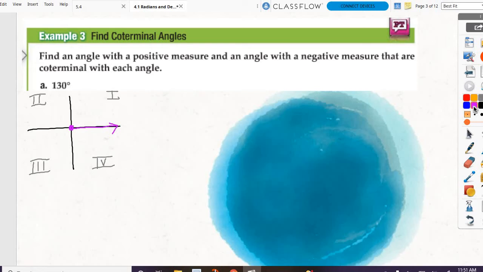So then we have to decide, going counterclockwise, my positive y-axis would give us an angle of what? 90, because it's a right angle. My negative x-axis would give us 180. So what quadrant is 130 in? The second one. Is it going to be closer to the x-axis or the y-axis?